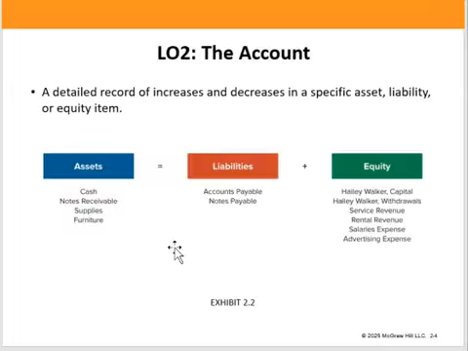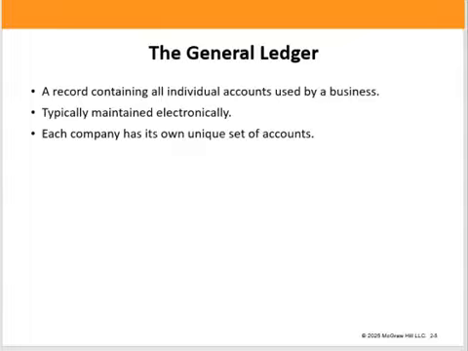And that's what we're going to do here, is learn how to post so that everything that affects cash, for example, is going to be recorded under cash. Okay, so we're going to start by looking in more detail at assets, liabilities, and the equity accounts. So a general ledger is a report that lists all of your accounts, and you're able to keep track of the balance in each of your accounts.